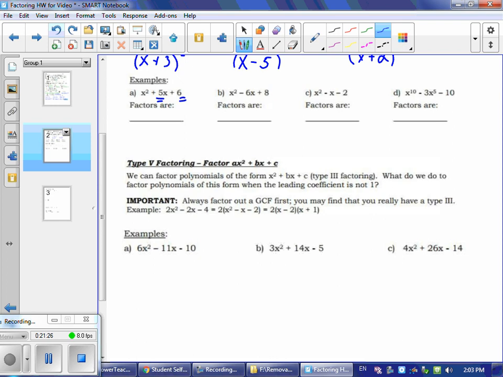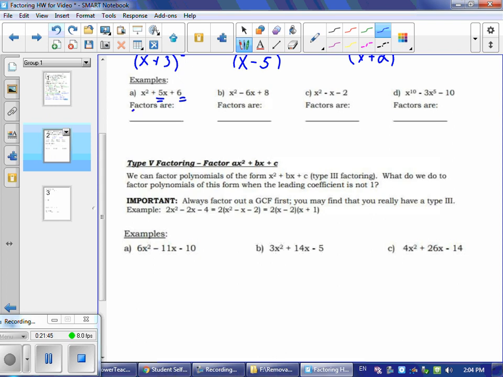Those are what's going to create my factors. What numbers multiply to be 6 but add to 5? In this case, there's only two multiples of 6, 2 and 3, 1 and 6. 1 and 6 cannot add to 5, but 2 and 3 can.